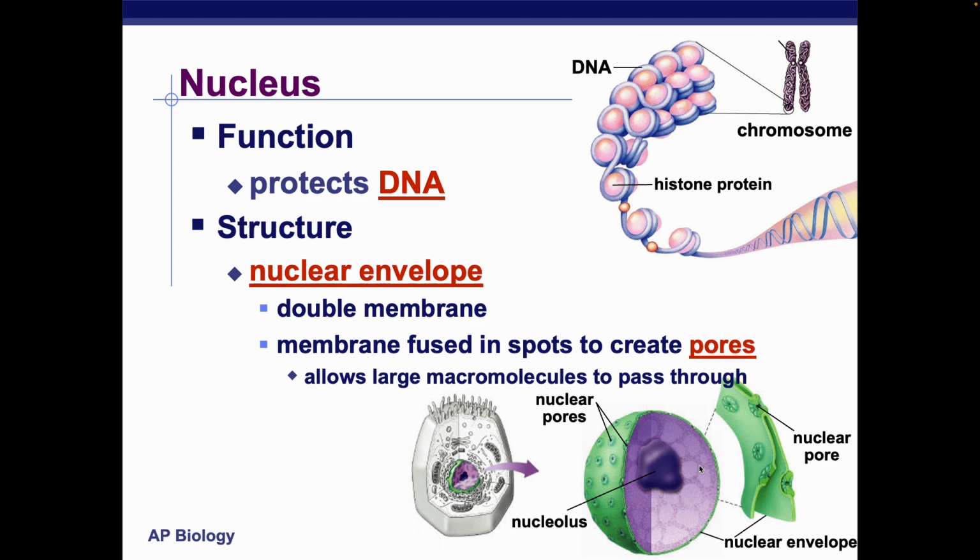So now we're going to talk about the nucleus's role, which protects DNA. The nucleus has a nuclear envelope, which is a double membrane, and it has pores. These pores basically regulate mRNA transport and export, because all of our transcription will occur in the nucleus.